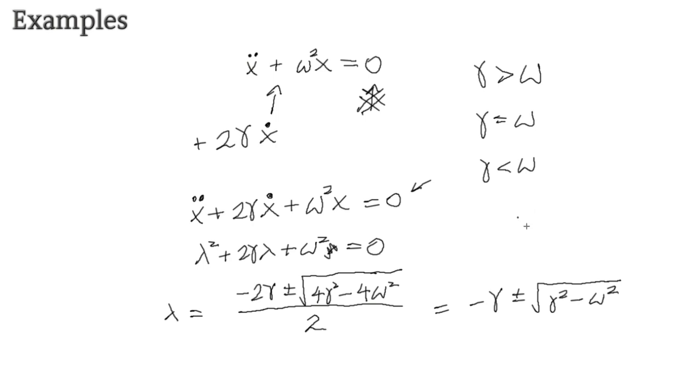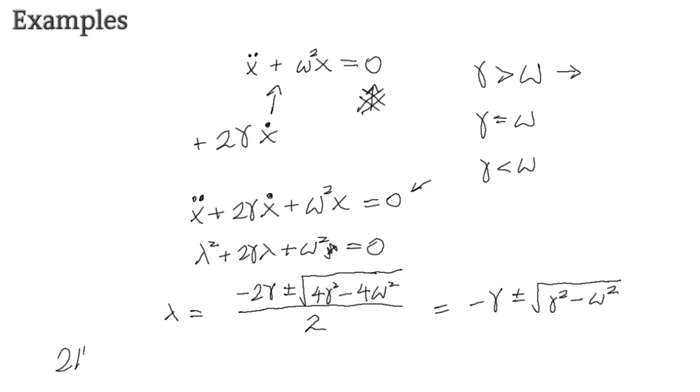Right, so now we are on to the three solutions that I want to talk about. The first one, gamma is greater than omega, which means this square root is a positive number, which is real, which means that, as we all know, there are two real solutions.